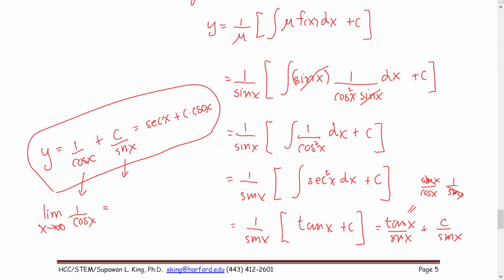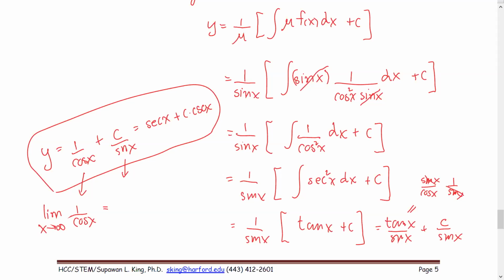What do you think we're going to get? Eventually, what happens to the cosine function? Think about the graph of the cosine. It's a wave, right? Up and down, up and down. It doesn't approach any specific number. It just keeps going. It's a periodic function.